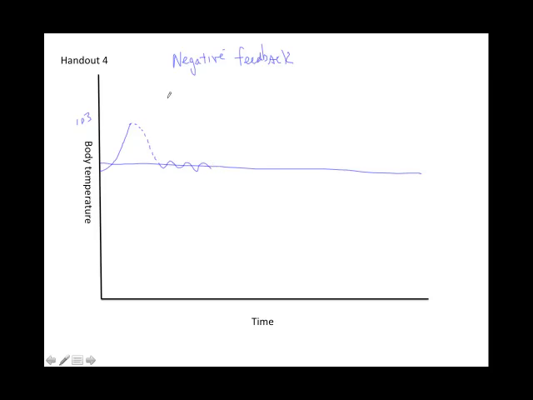Well, how does it do it? Well, negative feedback plays a role. And negative feedback is essentially a process that reverses another process. So if something is causing the temperature to go higher than the baseline, negative feedback will negate that effect and actually cause the temperature to go back down towards the baseline.